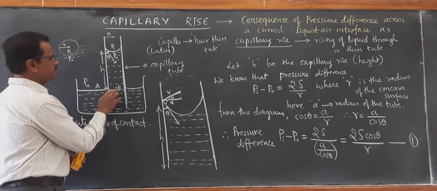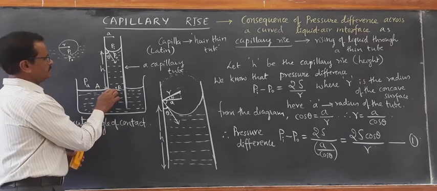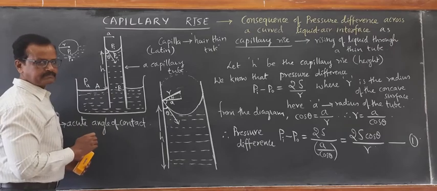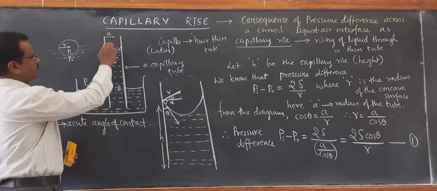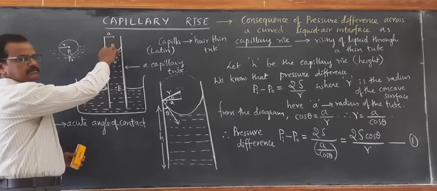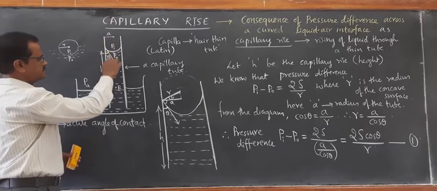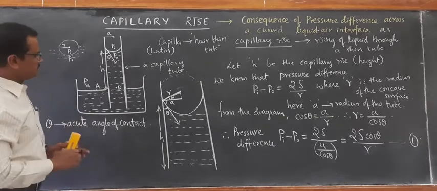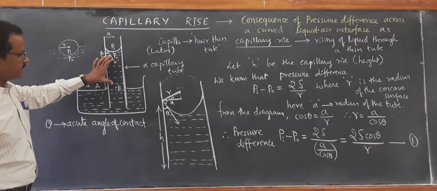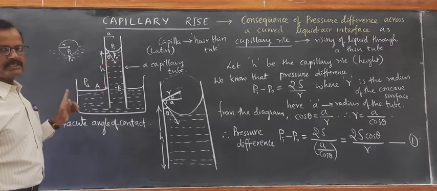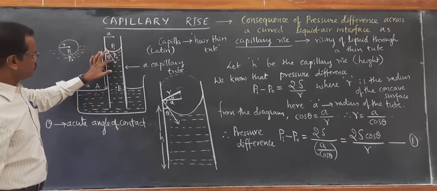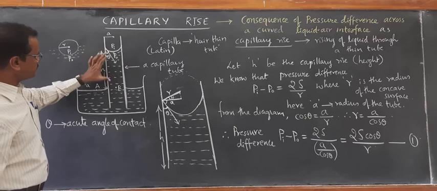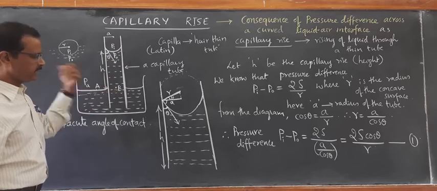Pressure at B is the absolute pressure, which is Pi plus the gauge pressure h rho g. If rho is the density of the liquid like water, then Pi plus h rho g is the pressure at B.